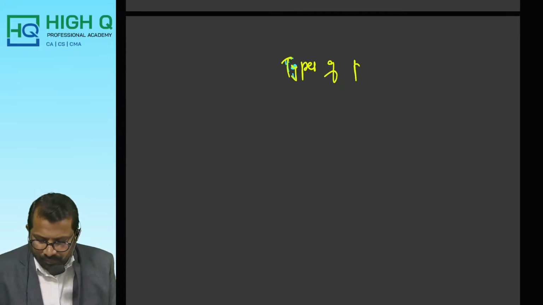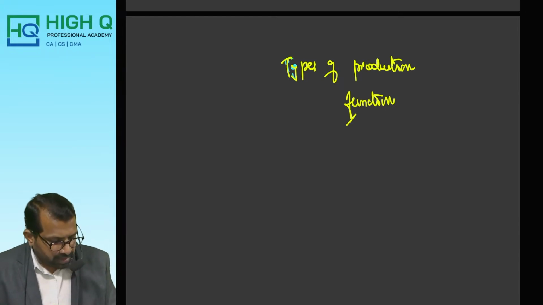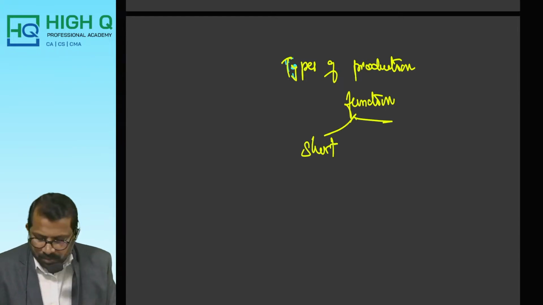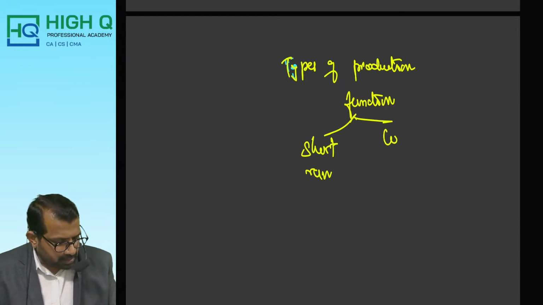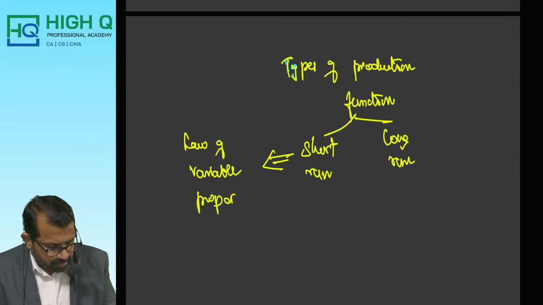Types of production function. There are two types. One is short run, another one is long run. Short run: law of variable proportion.